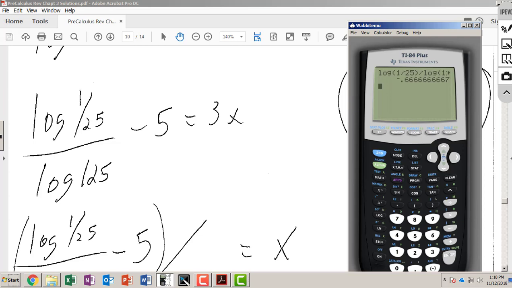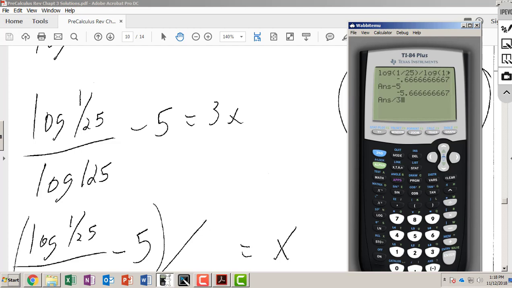If you want, you can actually change that to a fraction. The reason why you might want to change that to a fraction right now is because it does come out to be a fraction. Or you can just continue on. So you end up with negative 0.6666 equals 3x plus 5. Then you can go ahead and just subtract 5, and then divide that by 3.